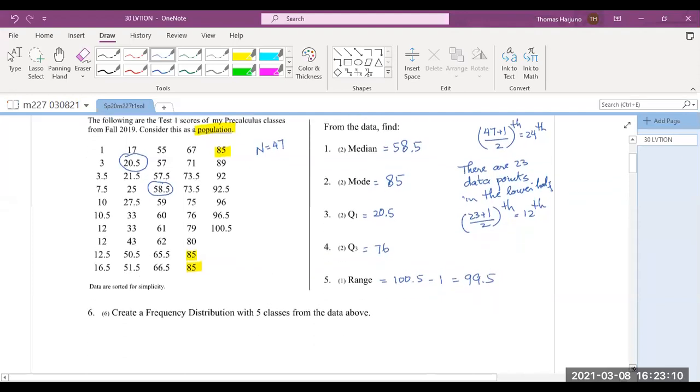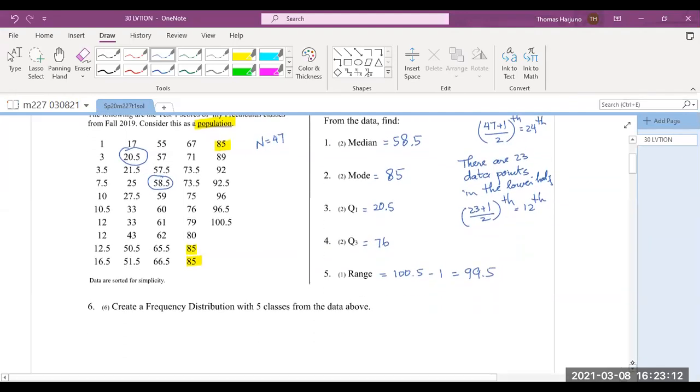Let's go on. Construct a frequency distribution with 5 classes. So the class width will be the ceiling of 99.5 over 5. What's that? 19.9? 19.5, so you round to 20.